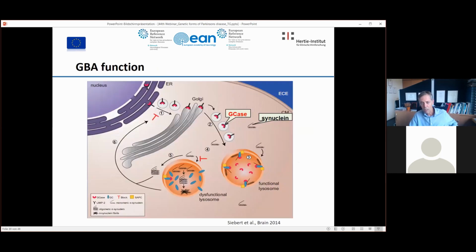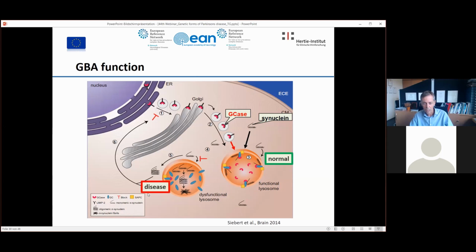What's the function of the encoded gene, of the glucocerebrosidase, which is encoded by the GBA gene? It's a protein that is involved in lysosomal function. The lysosome is an organelle that is involved in the degradation of protein, and it is believed that abnormally folded synuclein is degraded by the lysosome. And if there is a mutation, that's a normal case.